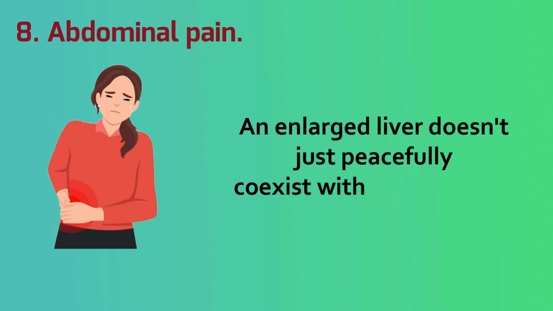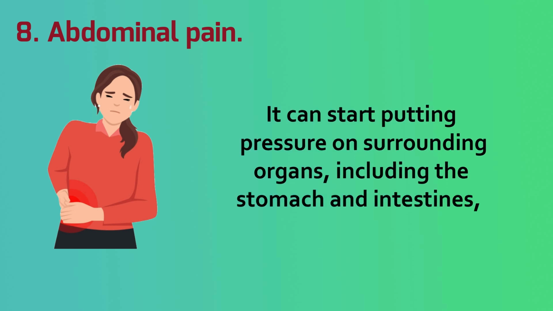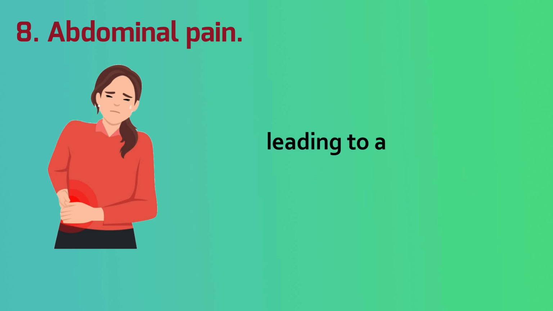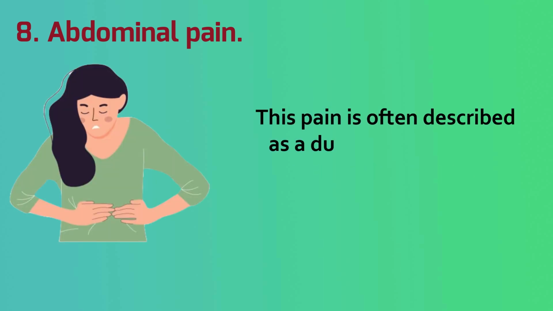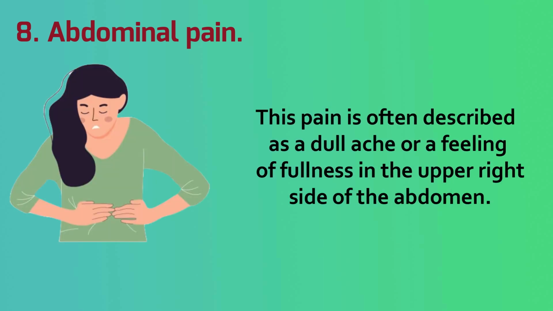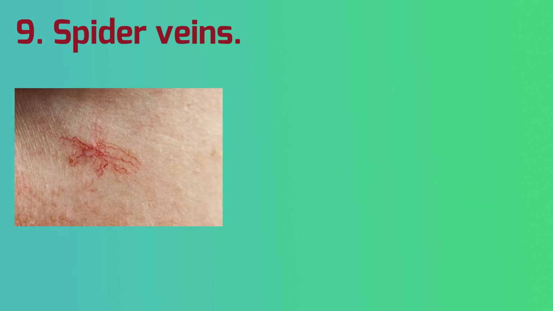An enlarged liver doesn't just peacefully coexist within your body. It can start putting pressure on surrounding organs, including the stomach and intestines, leading to abdominal discomfort and pain. This pain is often described as a dull ache or a feeling of fullness in the upper right side of the abdomen.